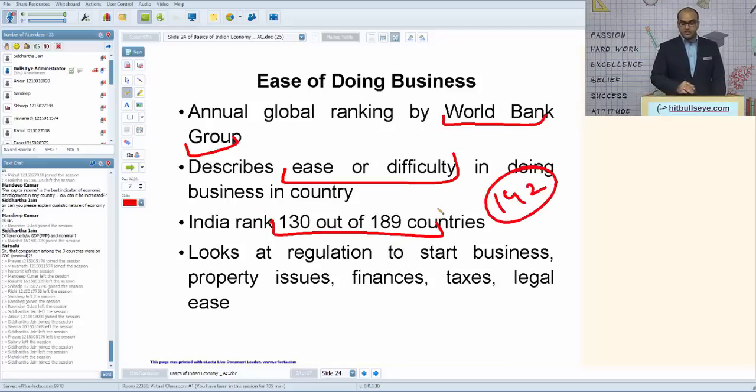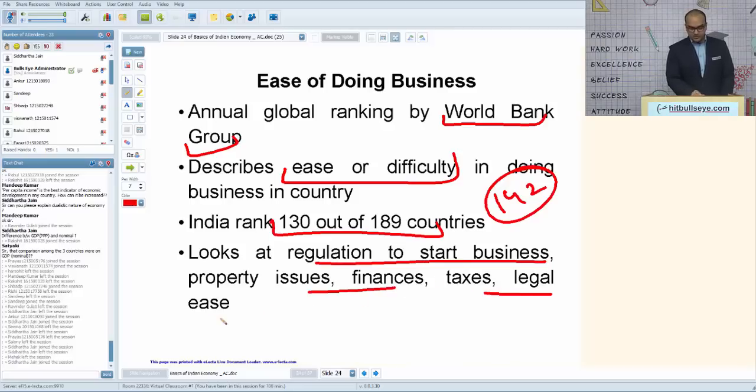Last year we were at 142, so we have shown a considerable jump. The various areas looked at are regulation to start a business, finances, property issues, taxes, legal ease, etc. These are the factors which decide the ease of doing business in a country.